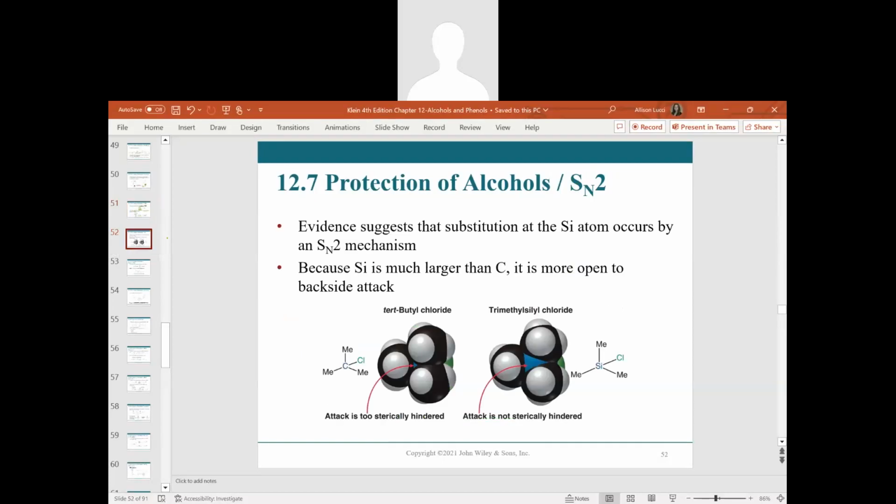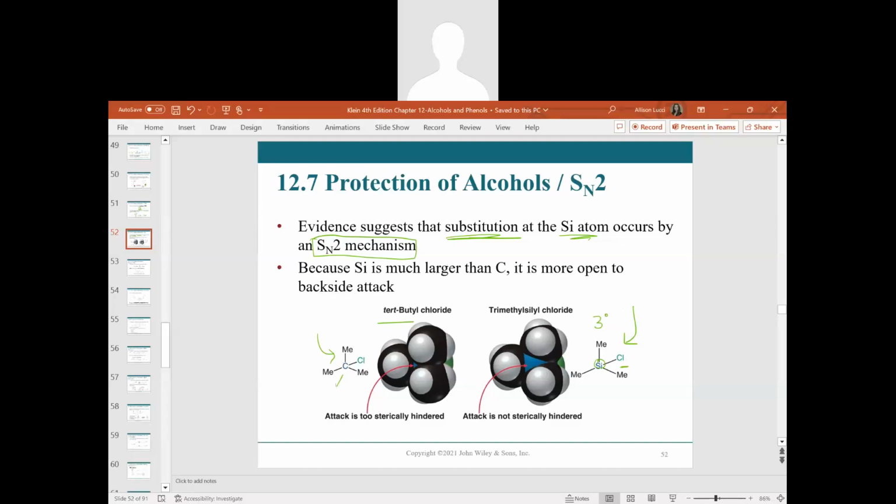The mechanism we see suggests a substitution at the silicon atom by an SN2 mechanism. Here we have tert-butyl chloride, and over here our TMS chloride. The silicon is bonded to 3 methyl groups, a tertiary silyl halide, if you will.